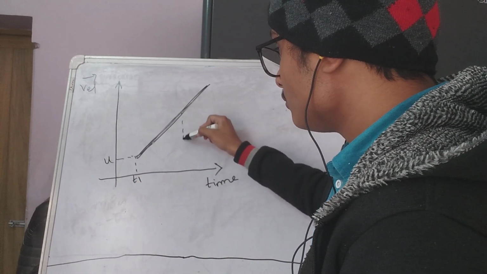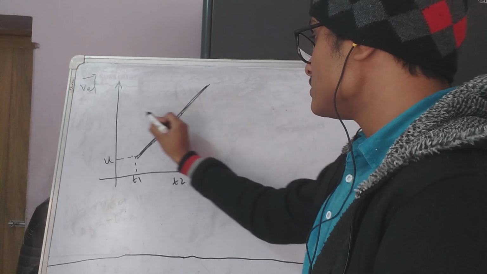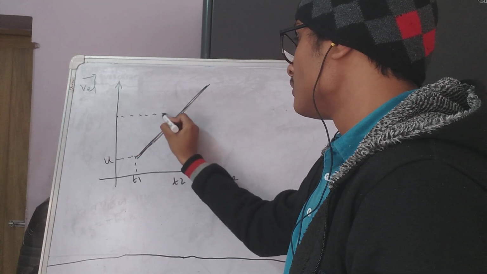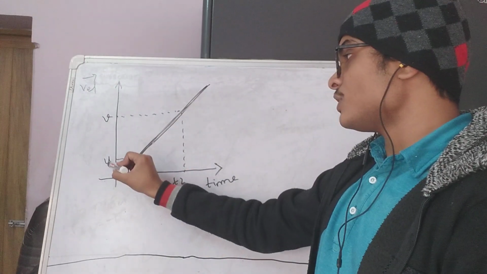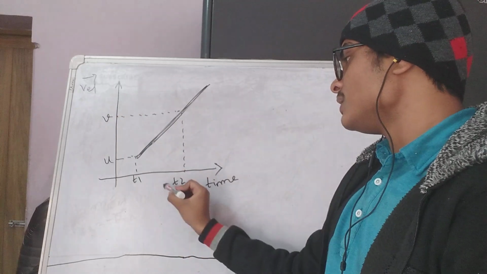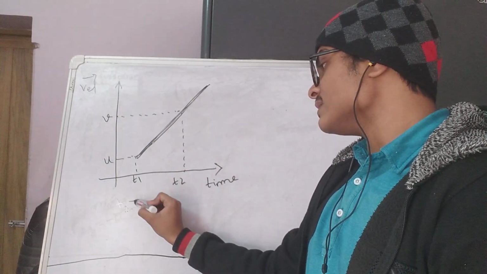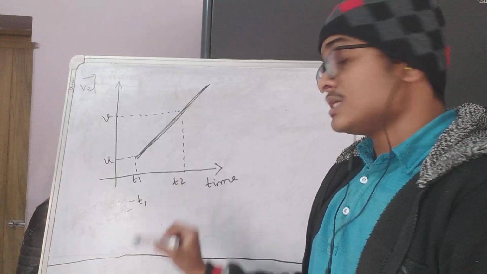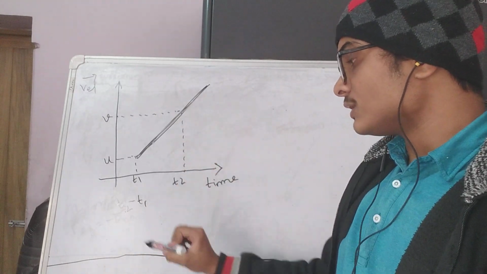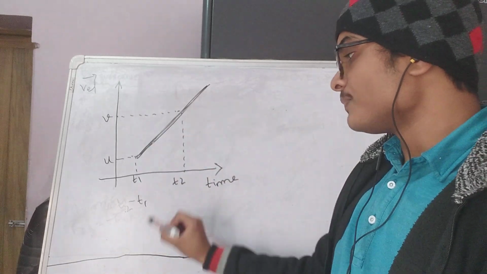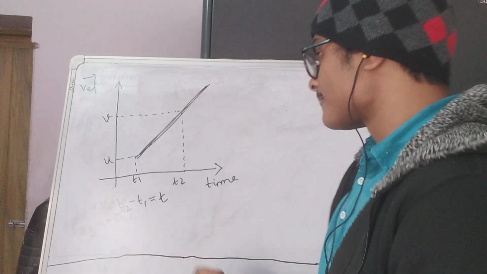At time t2, the velocity is v. So we call this the initial velocity, and we call this the final velocity. t2 minus t1 is the change in time, that is the time interval or the time taken for the change in velocity. Let us take it to be t.